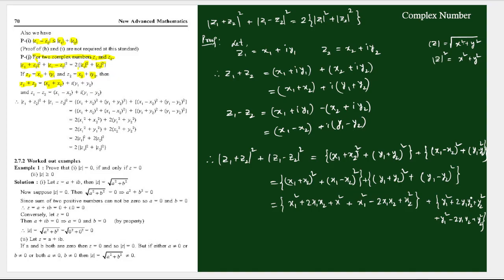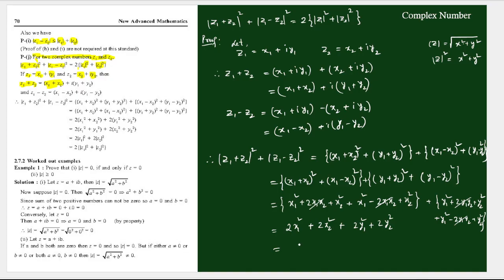So these two minus terms will cancel. Here also this one and this one become minus. So what will we get now? 2x1 square, x1 x1 gives 2x1 square plus 2x2 square plus here also 2y1 square plus 2y2 square. So you can take 2 common from here.